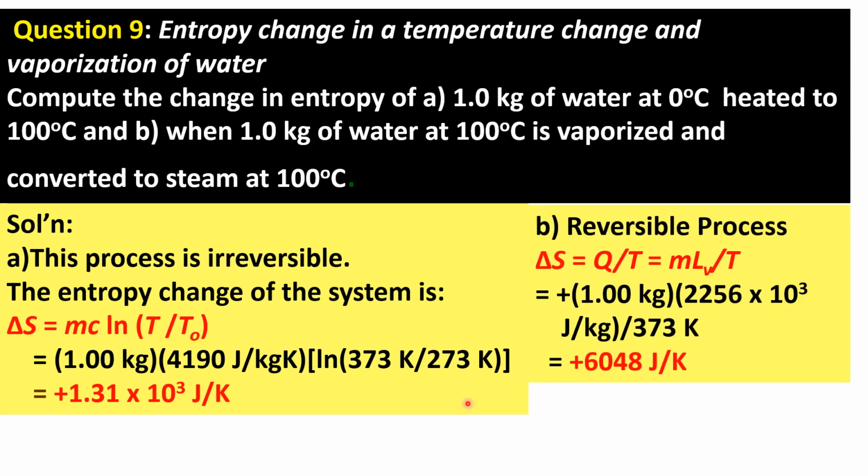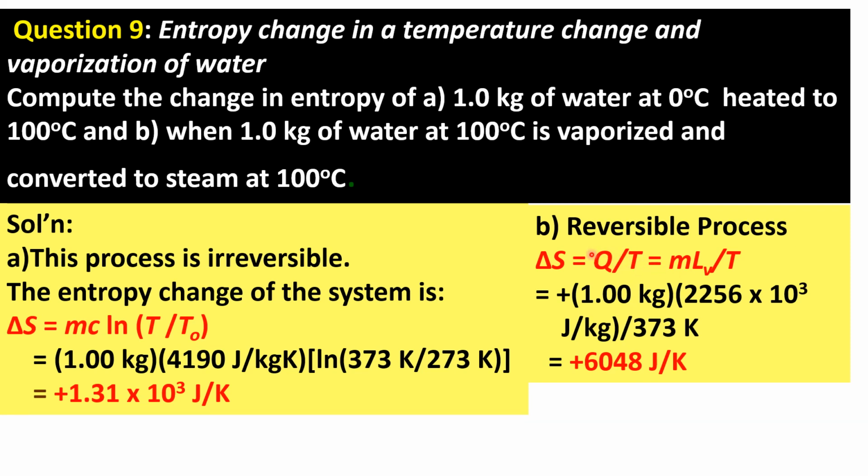Now for letter B, converting a given amount of water to steam without changing the temperature. So this is an isothermal process, where the temperature stays the same. It's considered reversible, whose formula for determining the delta S is simply dividing the amount of heat Q over the Kelvin temperature.